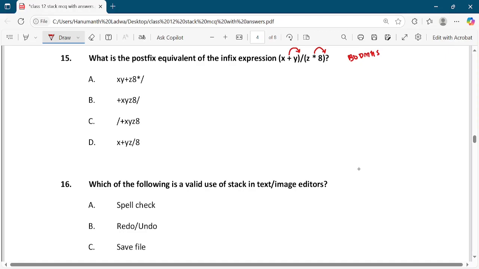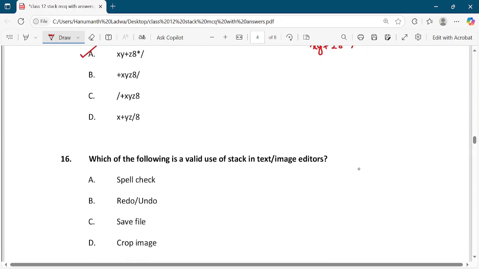In order to write the postfix expression, we have to move the operators onto the right hand side of the operands. So first of all, we write x, y, and after that we write plus, and then we write z 8, and after that the multiplication symbol, and division will come onto the right hand side.